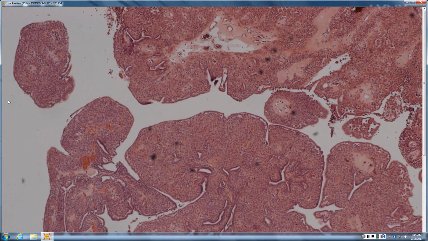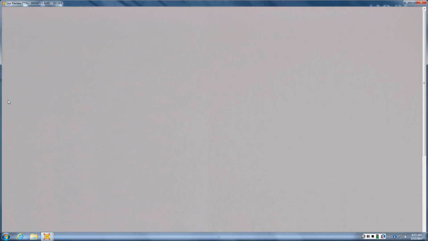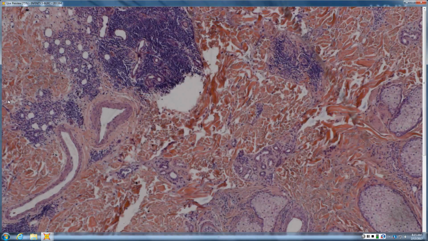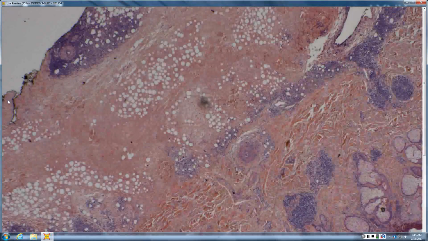So sweaty tumor, pink with ducts, would be something in the acrospiroma group, which are all the hidradenomas, poromas, all the same.